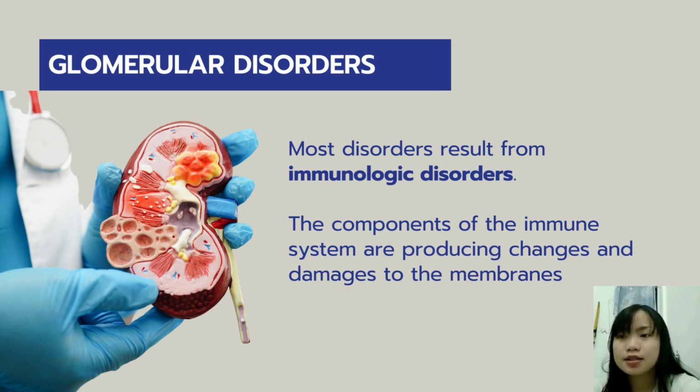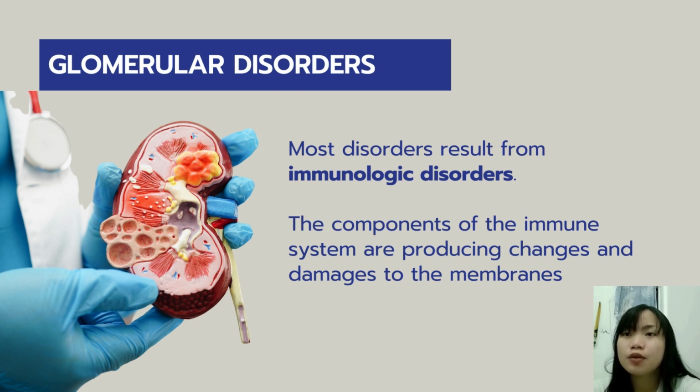So, kasi sa immunologic disorders, we have immune complexes na nagkakos ng damage sa glomerulus. So, ang examples ng immune complexes ay immunologic reaction, increased serum immunoglobulin A, IgA, and complements of the immune system such as complement, neutrophils, lymphocytes, monocytes, and cytokines.